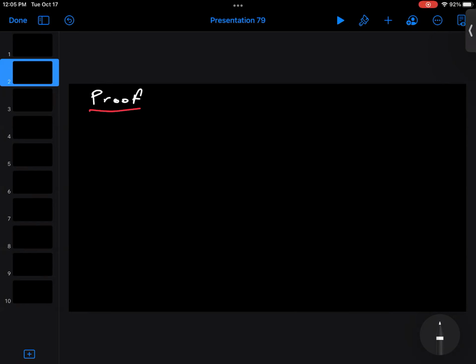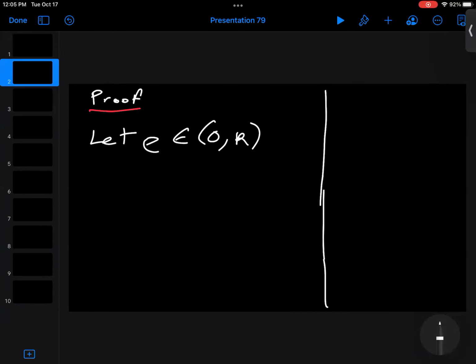First of all, we are considering a rho belonging to (0, r). Just a quick remark on the references. Here I'm following the proof appearing in the book of Gilbarg and Trudinger, the classical one on elliptic equations.